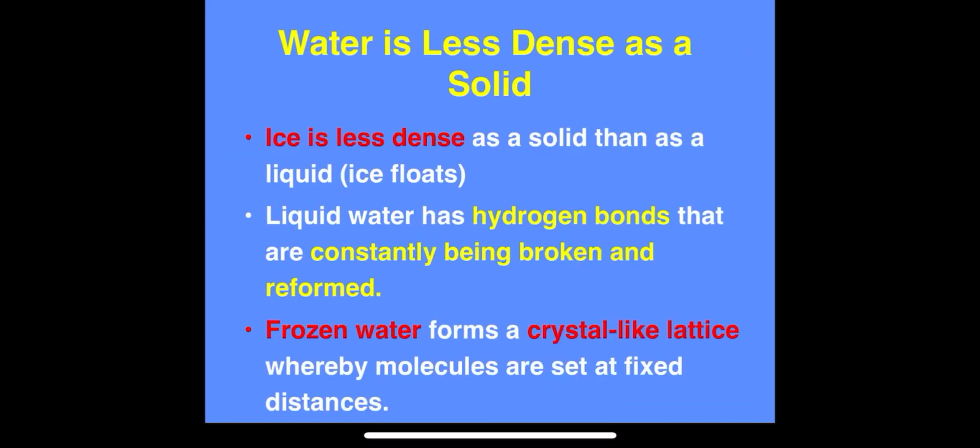Water is less dense as a solid, so ice is less dense than liquid water. That's why ice floats. Liquid water has hydrogen bonds that are constantly being broken and reformed, while frozen water forms a crystal-like lattice whereby molecules are set at a fixed distance.